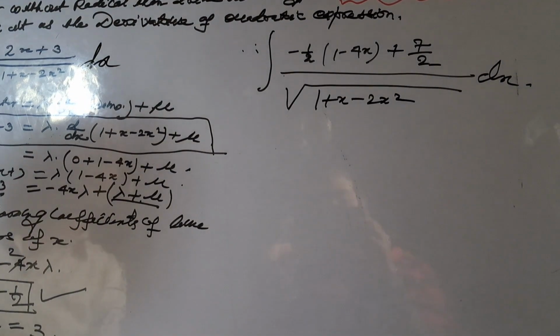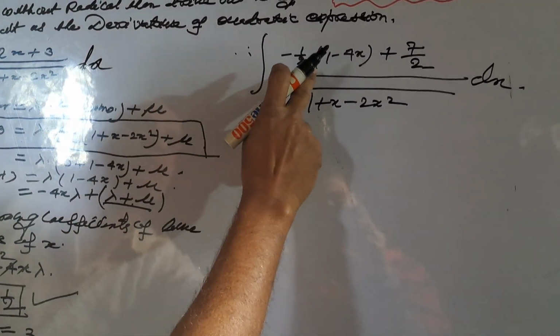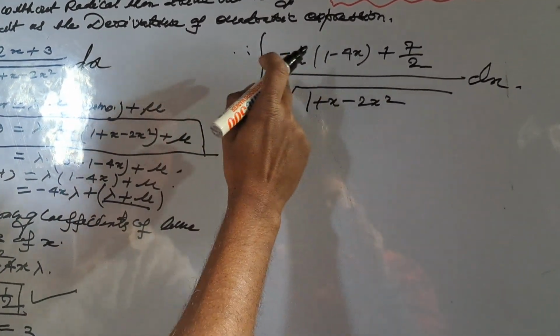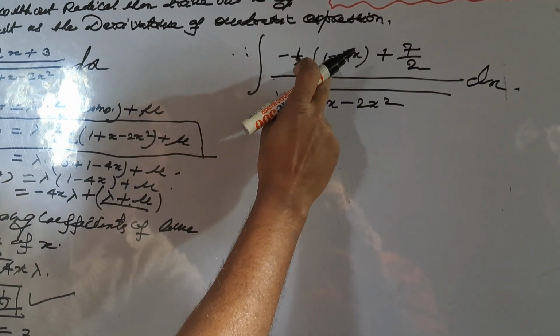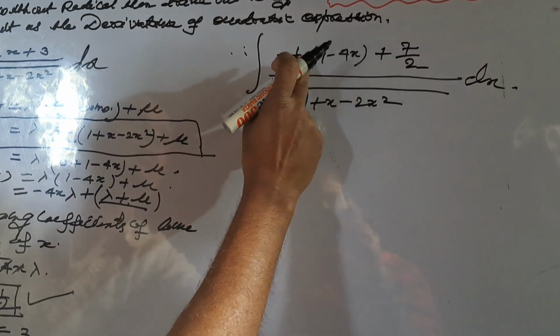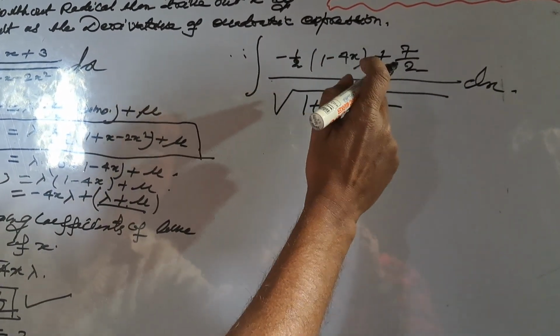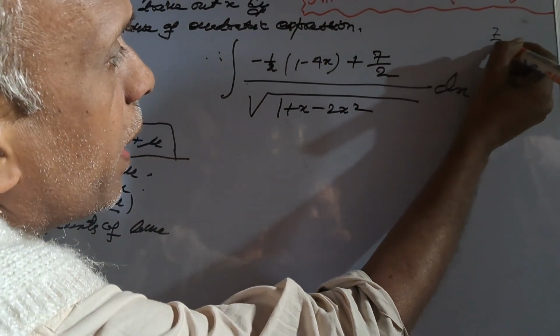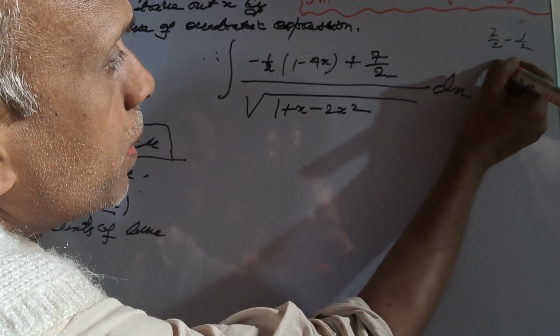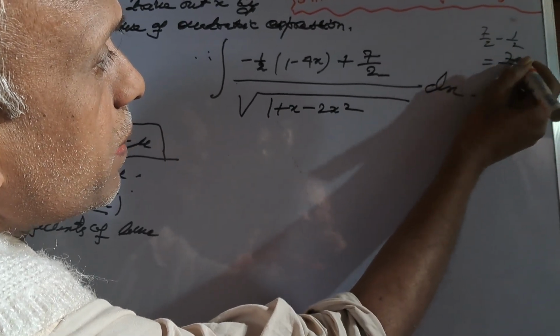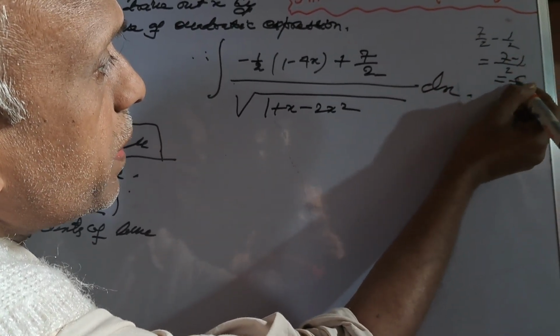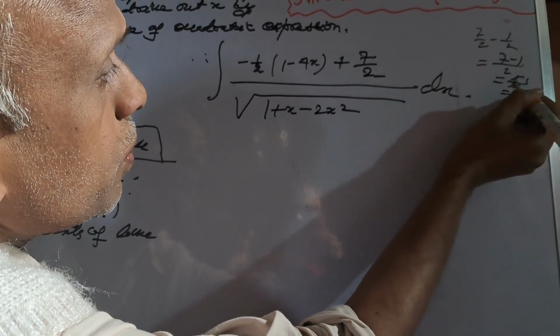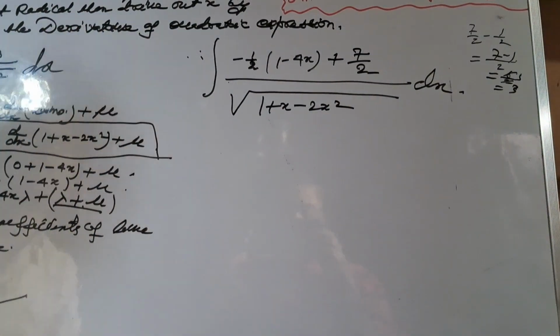Okay, so when we simplify it, it becomes minus 1 by 2, and this becomes 2x, and 7 by 2 minus 1 by 2, that is 7 minus 1, that is 6 by 2, that is equal to 3. So this becomes 2x plus 3 here.